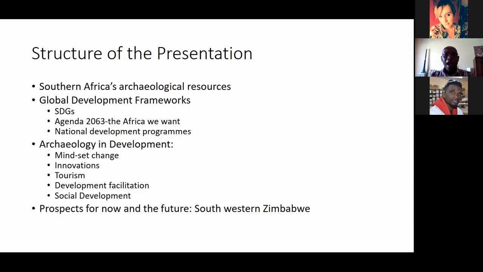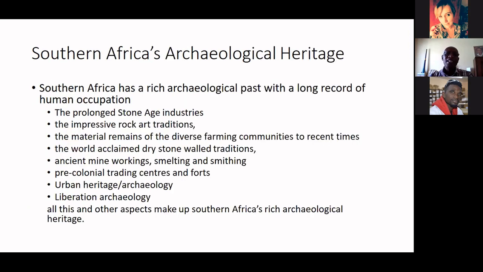So if one is to look at Southern Africa, I think the council and members listening would agree with me that indeed Southern Africa has a rich archaeological heritage.